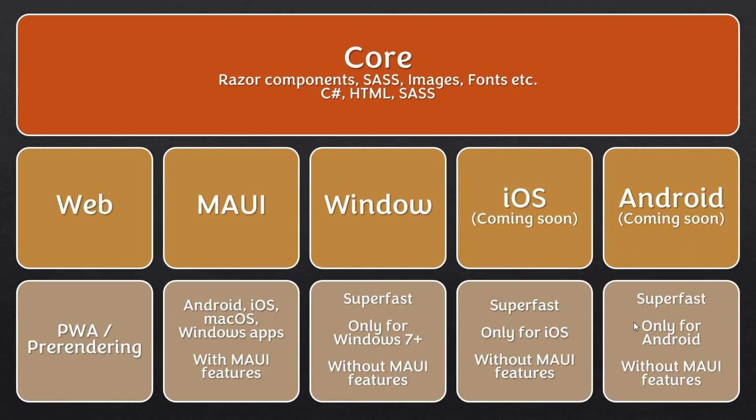However, this comes at the cost of losing access to Maui's advanced features. The native Windows project delivers exceptional performance due to its lightweight nature, but it sacrifices Maui's rich features. The core project's pages ensure seamless compatibility across different platforms. Additionally, iOS and Android projects are on the way, promising even faster and more efficient performance, albeit without Maui's capabilities.